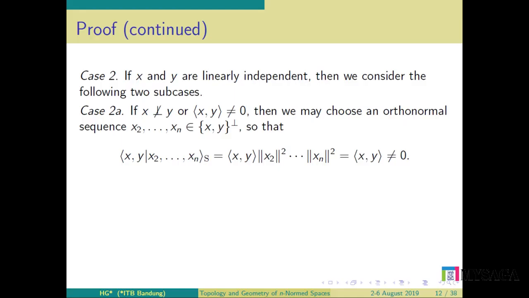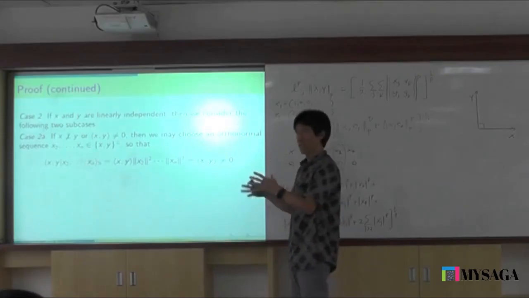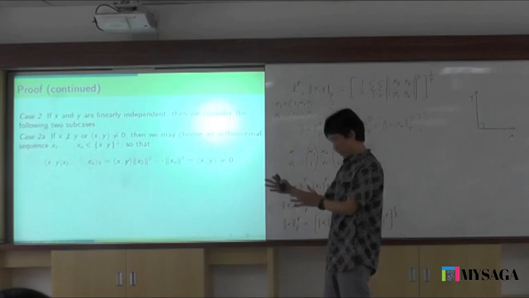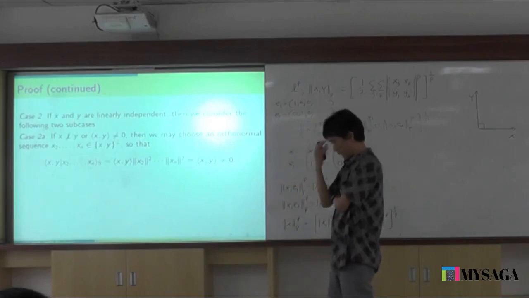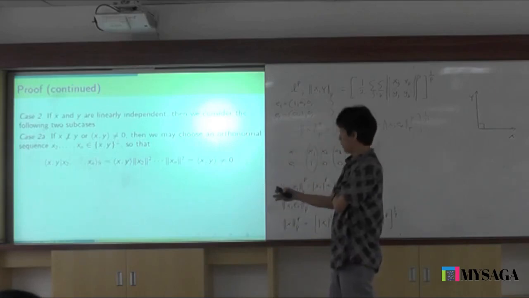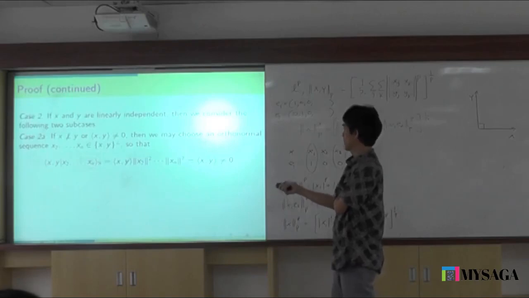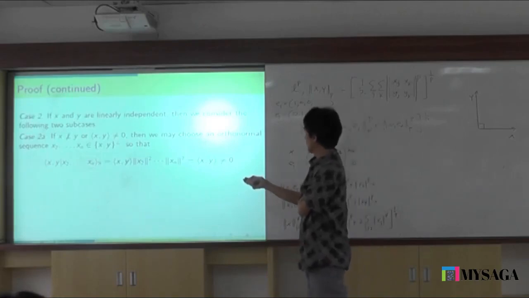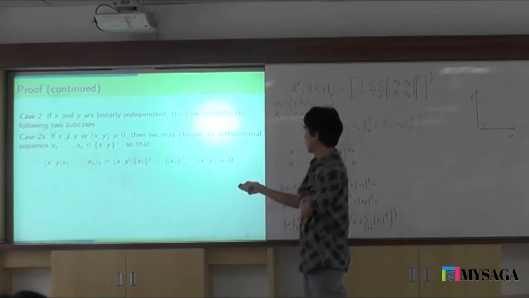This is the hard part, but we could divide it into two subcases. First is the case where the inner product is not zero. Remember, even if we have an n-inner product, we are also equipped with a 2-inner product. So suppose this is not zero, then we may choose an orthonormal sequence.